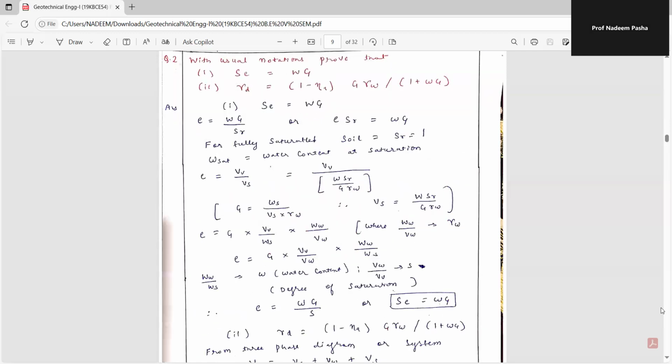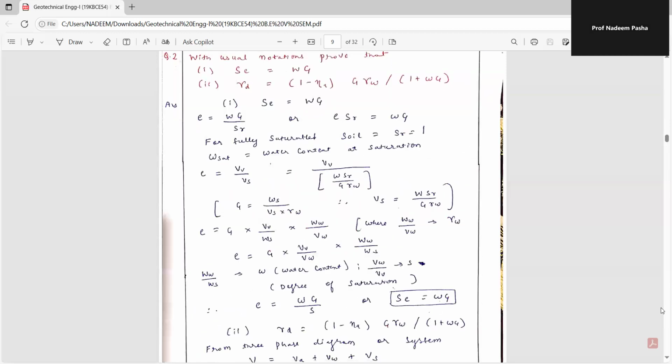With usual notations, we need to prove S e is equal to w G and rho d is equal to (1 minus n a) into G gamma w divided by 1 plus w G. So it is somewhat complicated. You see it carefully. So e, that is the voids ratio, is equal to wG by Sr, or e into Sr will become wG.